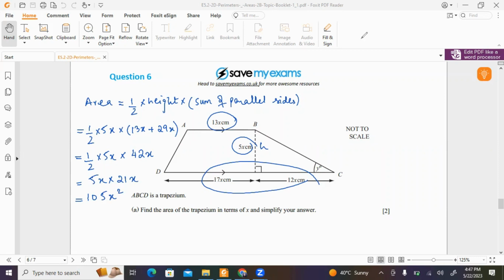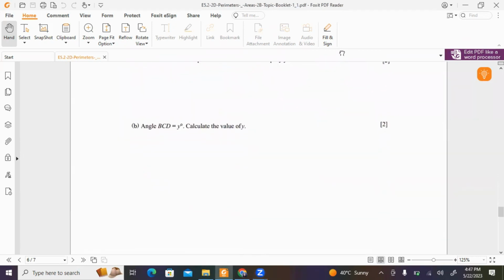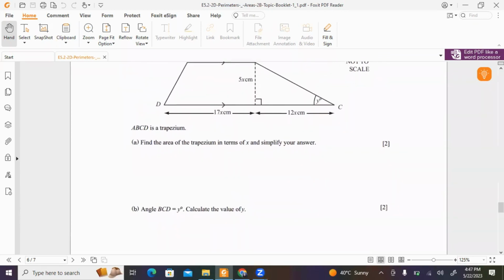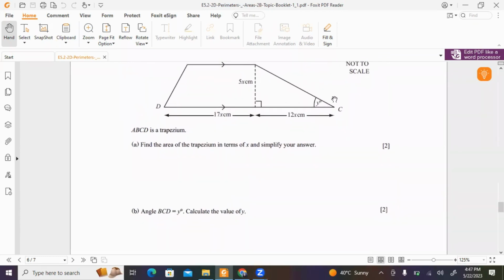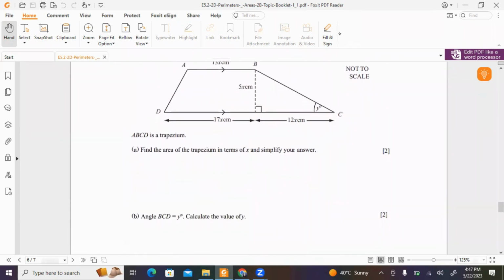Then if we move on to the next part, angle BCD is y degrees. Calculate the value of y. For that, we know that we can use SOHCAHTOA.